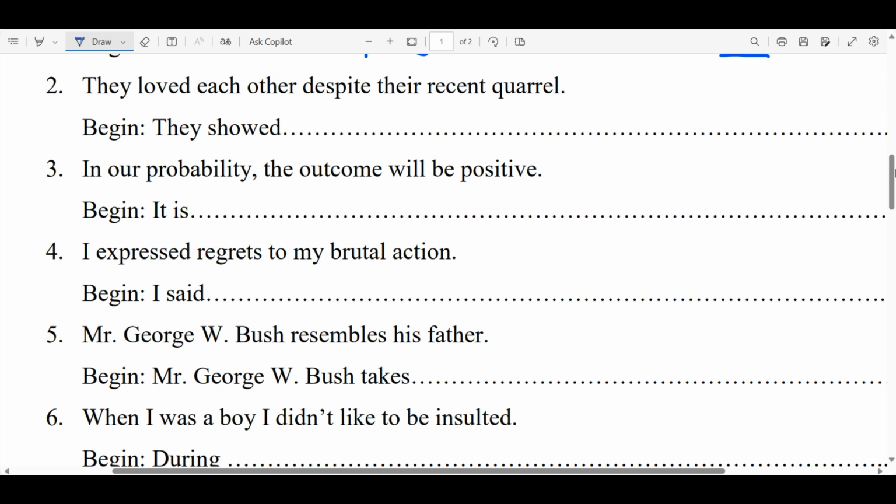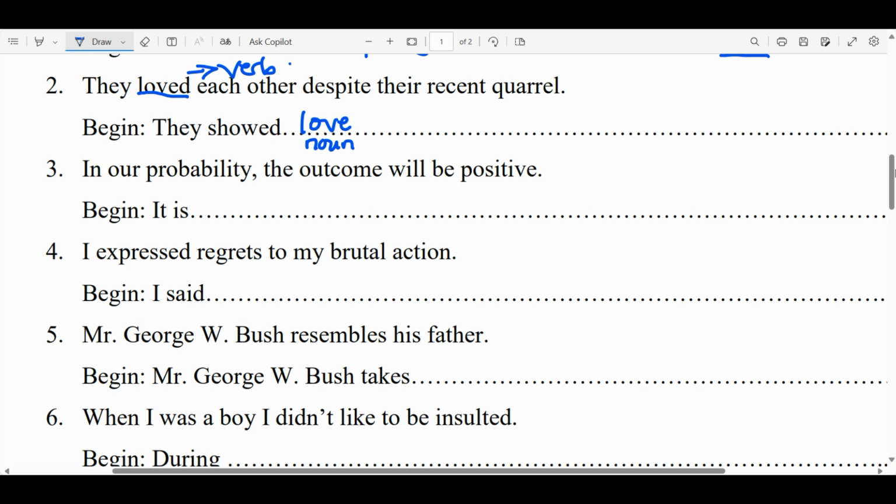We move on to number 2. They loved each other despite their recent quarrel. So we look at loved. Loved is a verb. Then they showed, we are going to use love. So love here is a noun. So we are looking at changing a verb into a noun.